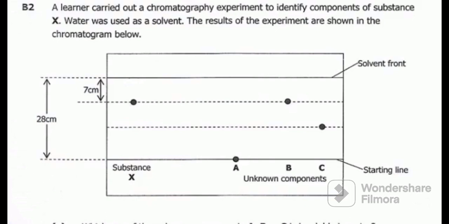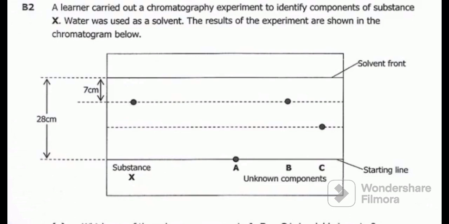Component A is insoluble in water. Explain your answer. Why am I saying that component A is insoluble in water? It is because component A has remained at the starting line and it has not moved.